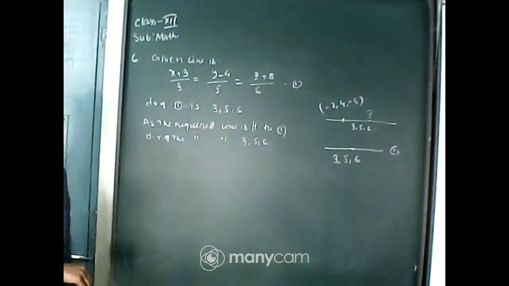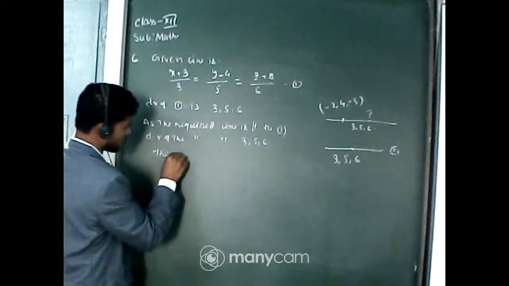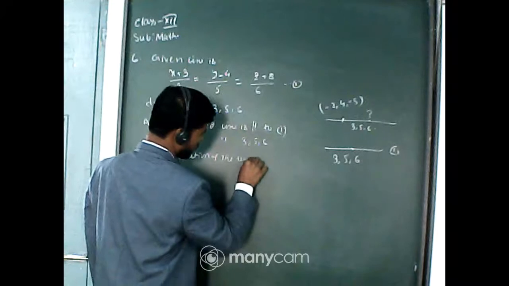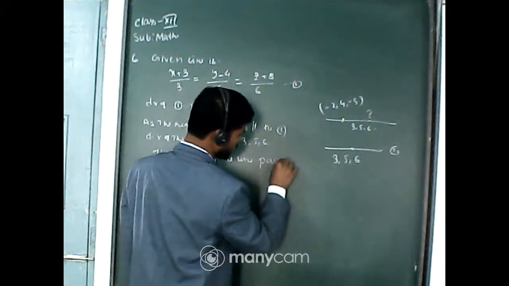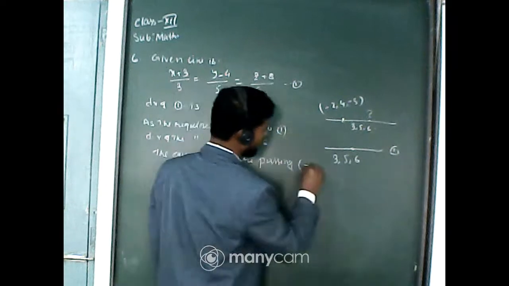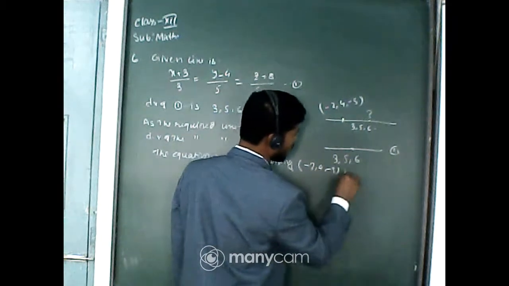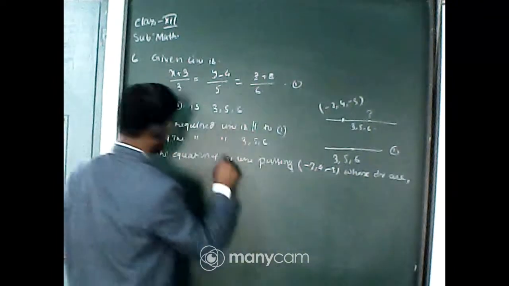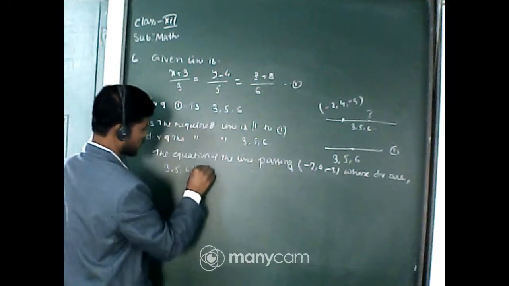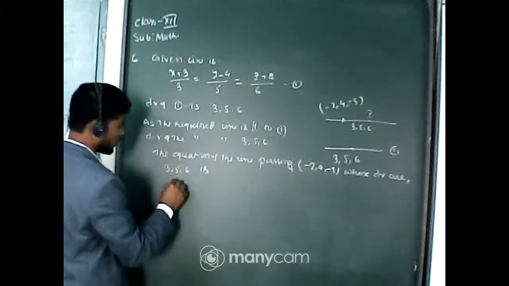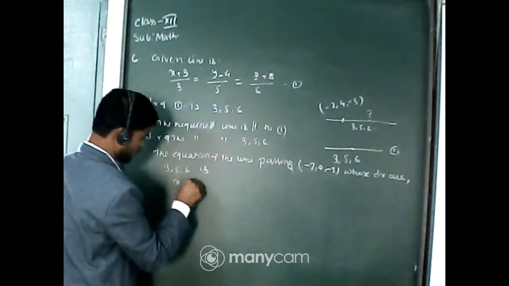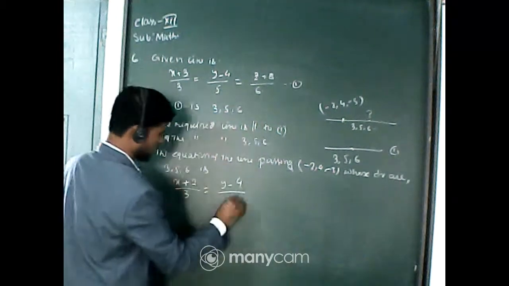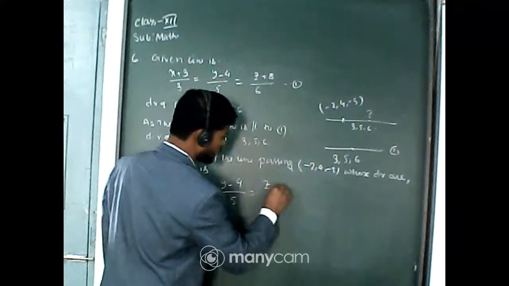Therefore, the equation of the line passing through the point (-2, 4, -5), whose direction ratios are 3, 5, 6, is, by the formula, (x-x1)/3, that is (x+2)/3, equals (y-y1)/5, that is (y-4)/5, equals (z-z1)/6, that is (z+5)/6.